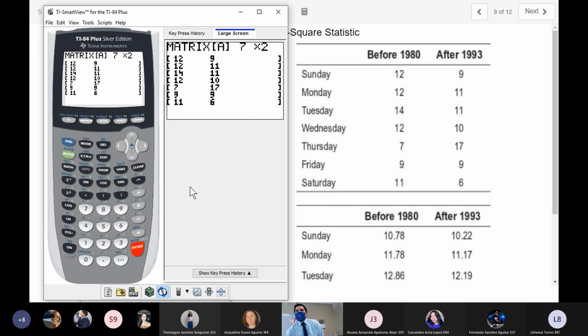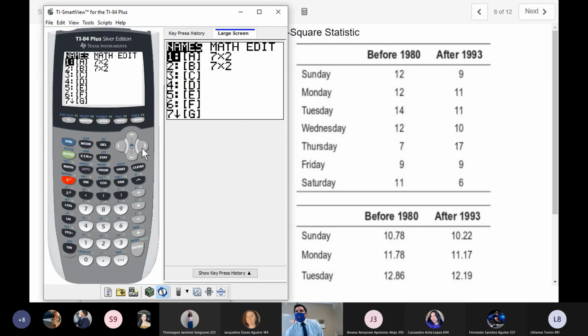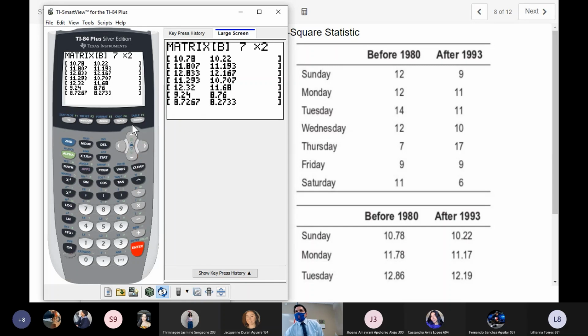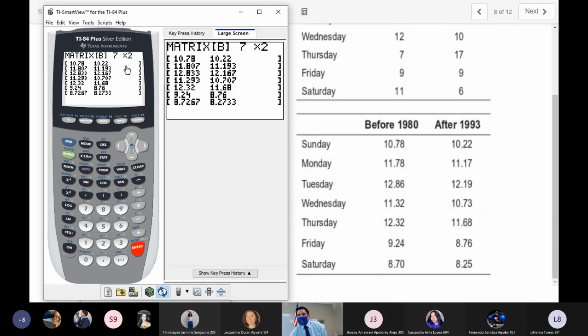Now the calculator's kind of smart. We'll see if it did this again like it did last time. Notice when I put these in, I put in all of our expected counts. Notice that's not what's in my calculator anymore.